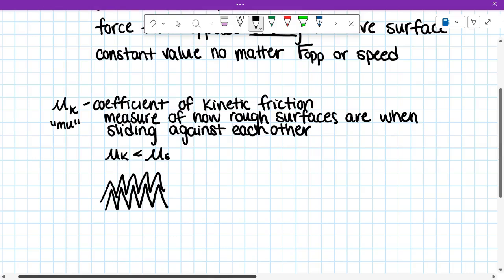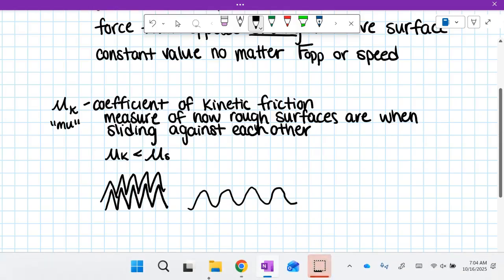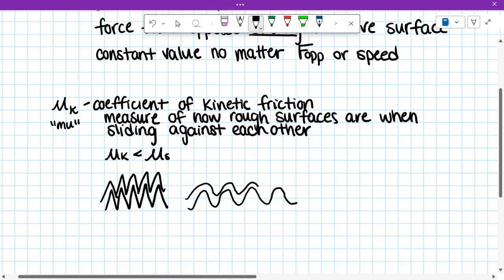That's what's happening at a microscopic level. Once the object starts to slide, those peaks and valleys become a little bit more rounded. And because they're more rounded, it's a little bit easier to pull the object, or the coefficient of friction becomes a little bit less because we've rounded out those peaks and valleys. So this one's meant to represent mu s, this one's meant to represent mu k.